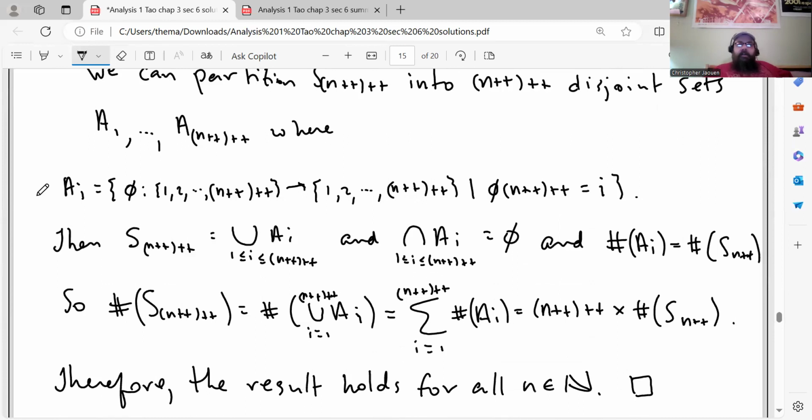The set AI is the set of all bijections from the set of natural numbers between 1 and the successor of the successor of n to itself, such that phi of the successor of n is equal to I. This should be missing a parenthesis here. Let me just fix this.